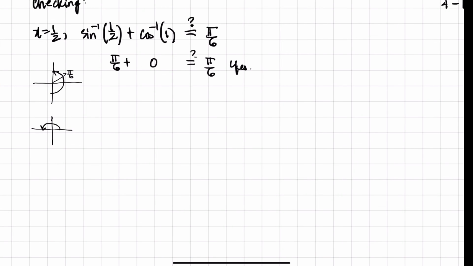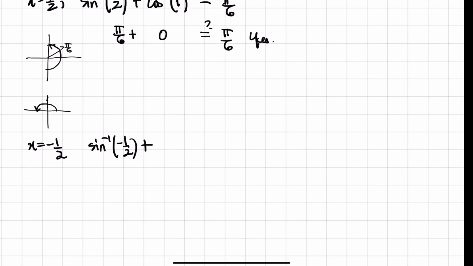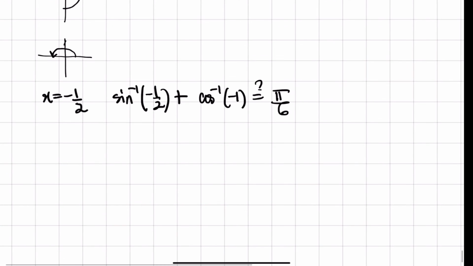So, yung isa naman, if x is negative 1/2, sine inverse negative 1/2 plus, saan ba natin pina-plug in? Dito natin pina-plug in. So, 2 times negative 1/2 is negative 1. Is it equal to pi over 6? So, ito, ano ang magpapa-negative 1/2 sa sine, pero nandito sa interval na negative pi over 2 to pi over 2?